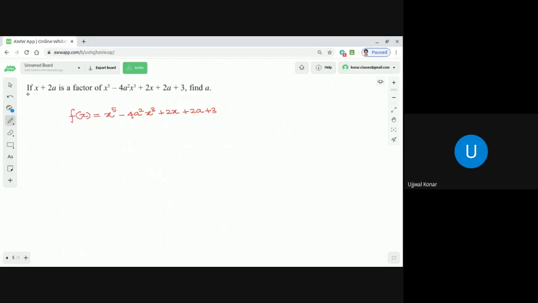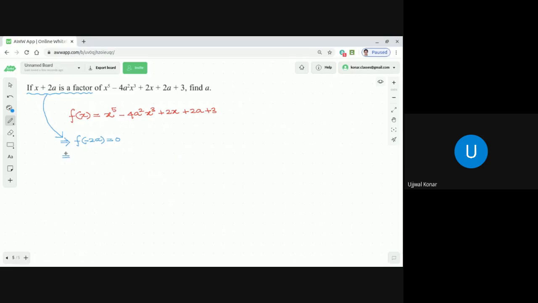Now, according to the question, if x plus 2a is a factor, then what can we write? This implies f of minus 2a is equal to 0, no? Correct? Yes, sir. So f(x) equals x power 5 minus 4a square x cube plus 2x plus 2a plus 3, and f of minus 2a is equal to 0.